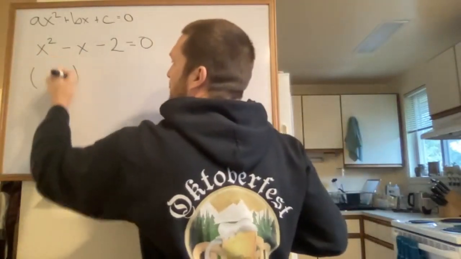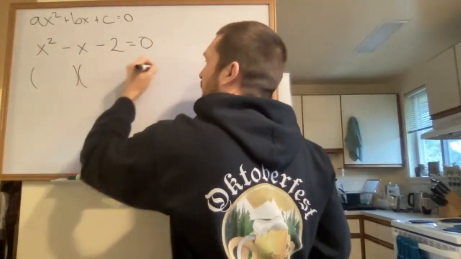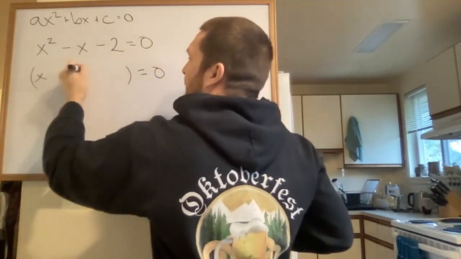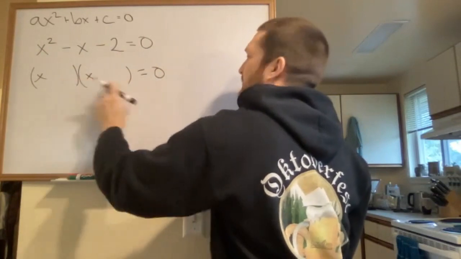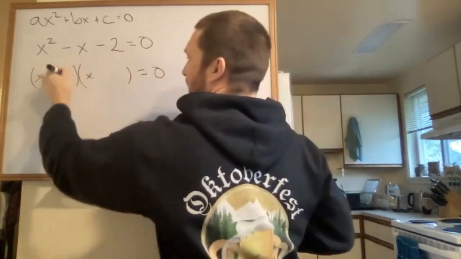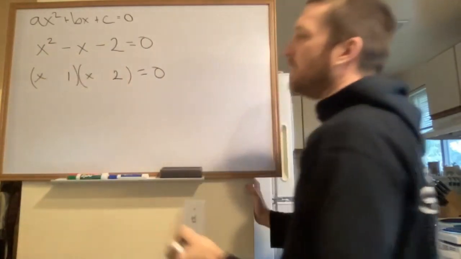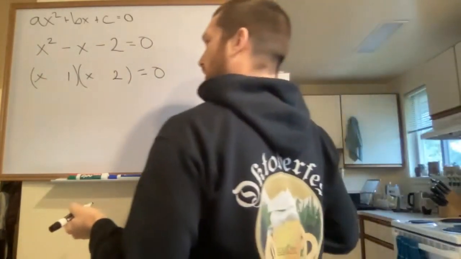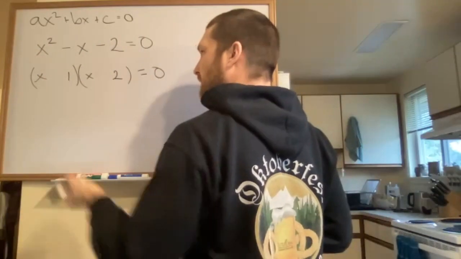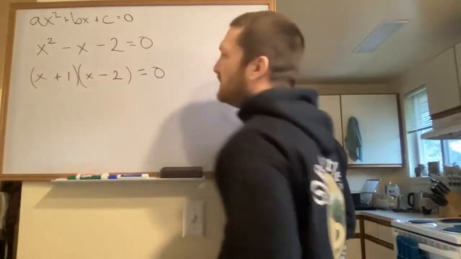Let's try it. I have an X here and an X here. What are my possibilities for the last? 1 and 2. That's about it, right? And so where do I put the plus? Where do I put the minus? +1 -2, I believe so.